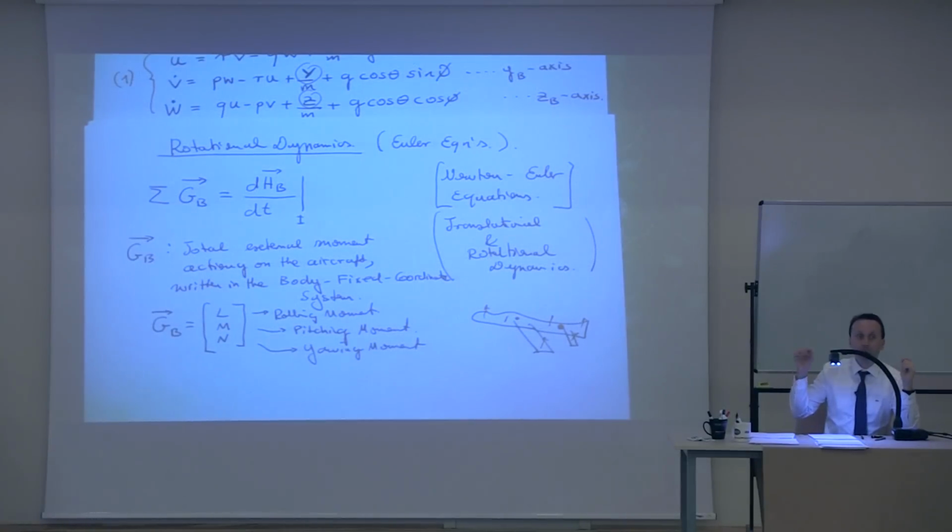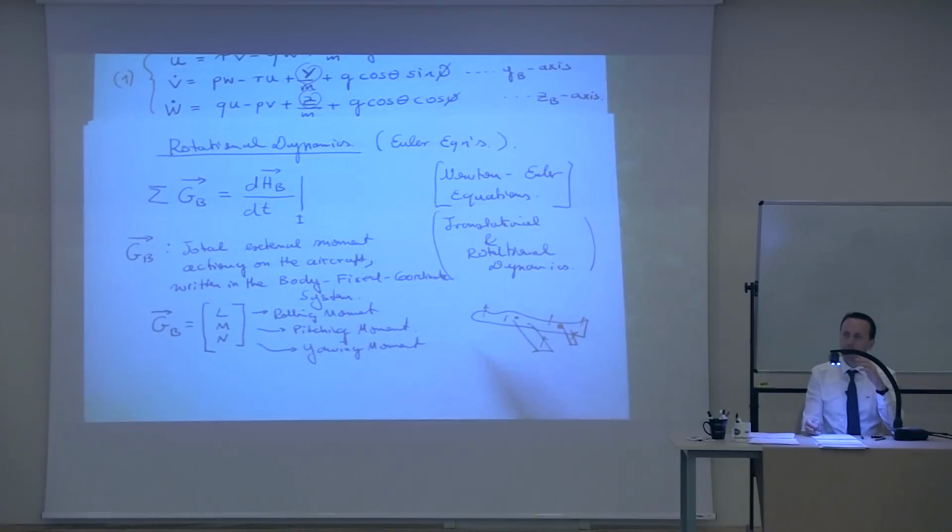But then there will be associated moments because of these movements, because moving the forces to the CG, and those I will call L, M, and N. Now, there might be also pure moments in the aerodynamics, right? There's something called a pitching moment that we have learned for wings or for airfoils. So these are pure moments. So some of the pure moments you can still move over here.